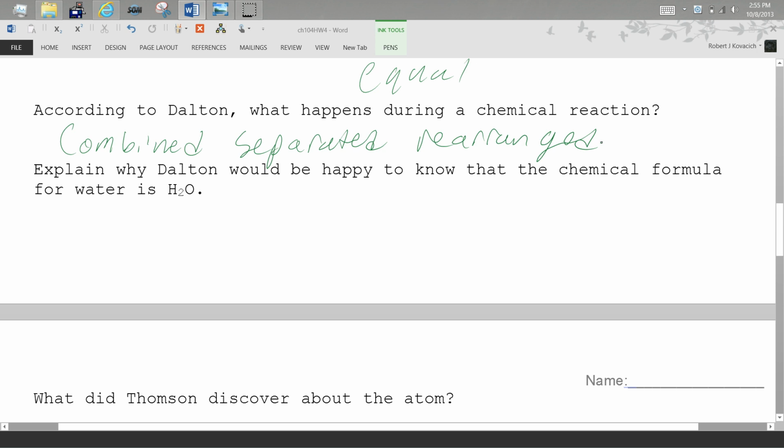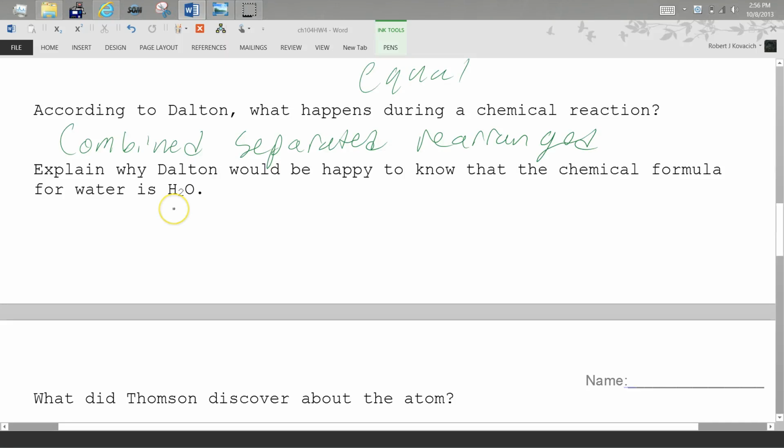The atoms become separated, they become combined, or they simply rearrange with each other. And in your head, you should be thinking about like two Lego structures. Somebody disassembles and makes more Lego structures out of them. Nothing happens to the Legos, and nothing happens to these atoms. They just hook up with different atoms.